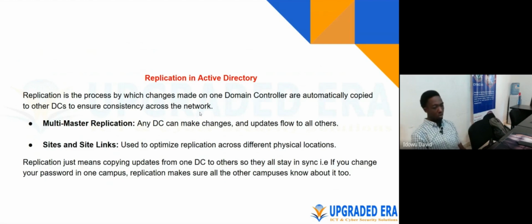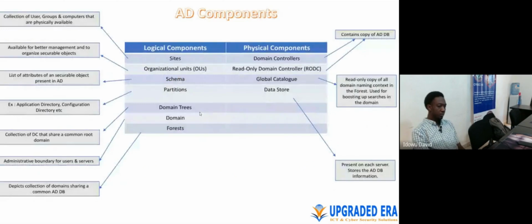There is also something called site-to-site links, which is used to optimize replication across different physical locations. Basically, replication just means copying updates from one domain controller to others so that they can all stay in sync. For example, if you change your password on one campus, replication makes sure that other campuses know that your password has been changed.